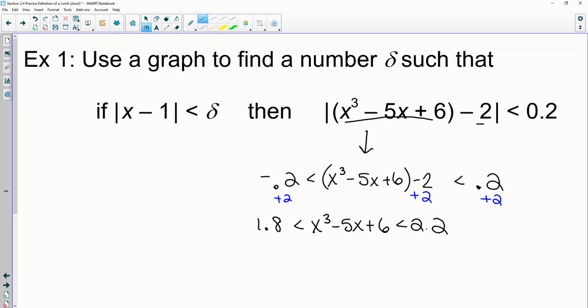So we actually need to know when the y values of this function fall between a positive 1.8 and a positive 2.2. So here's what I'm going to do on my graph to illustrate it.